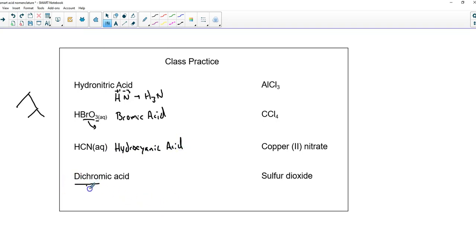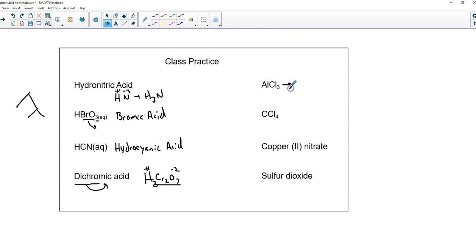Dichromic acid, so that's dichromate. Go to your ion sheet and find it. It starts with an H, and dichromate is Cr2O7. It's minus 2 charge, plus 1, so 2 goes there. All right, this one on this side is not an acid.